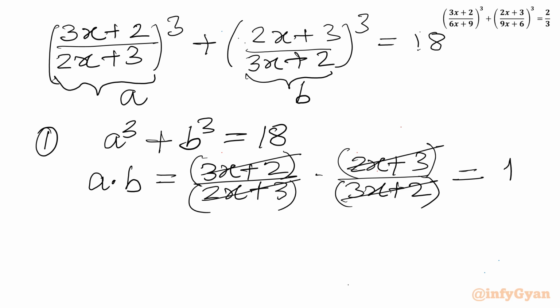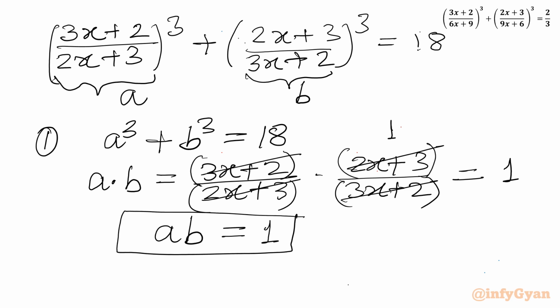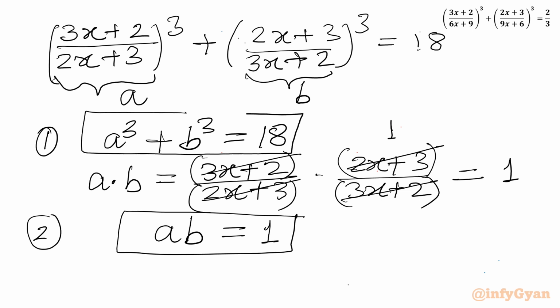So it will be 1 only. So I can write my second equation AB equal to 1. First equation is A cube plus B cube equal to 18. Let's solve this new system of equations: A cube plus B cube equal to 18 with AB value 1.